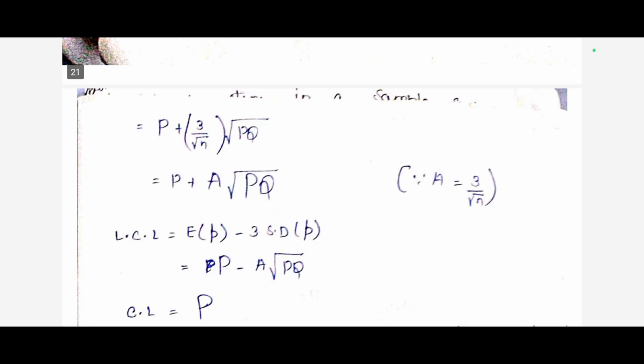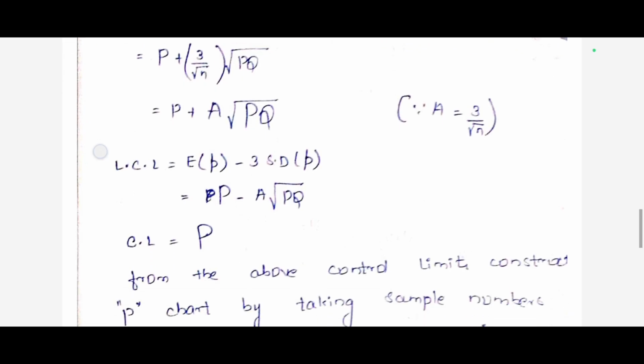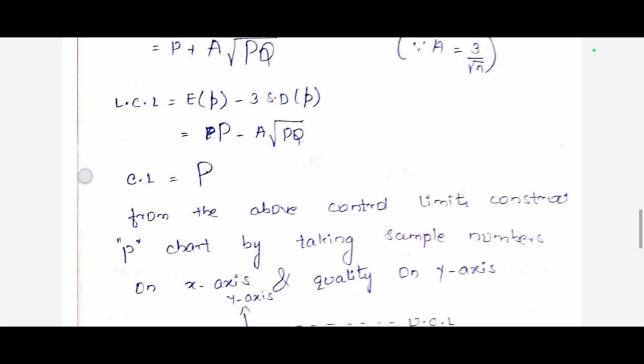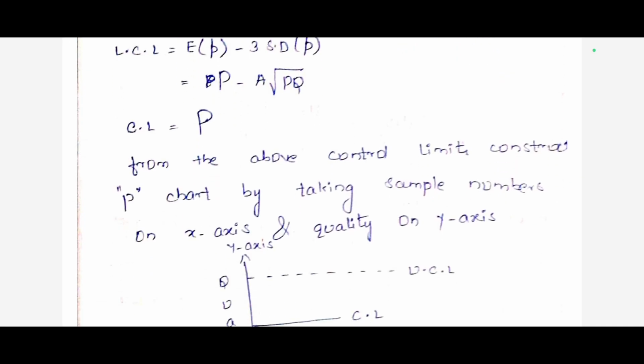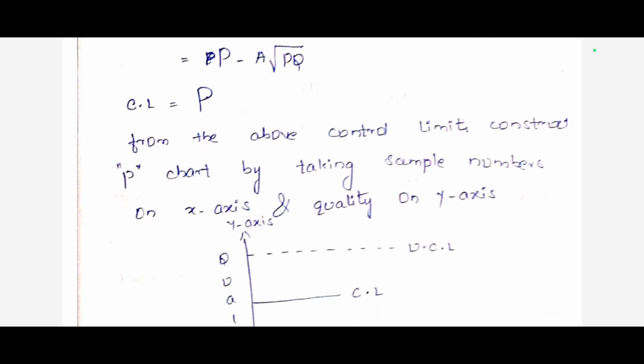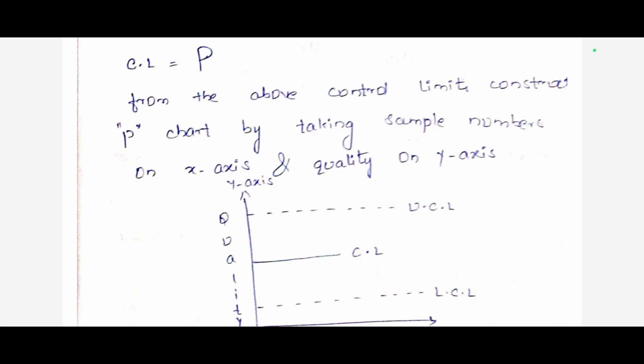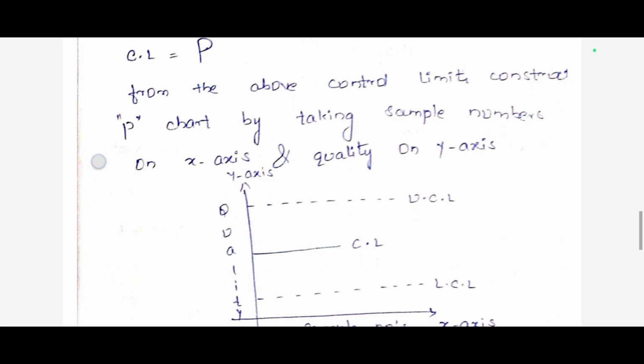So P plus A into under root of PQ. LCL is P minus A into under root of PQ. What is CL here? That is P. From the above control limits, construct the P chart by taking the sample numbers on the x-axis and quality on the y-axis.